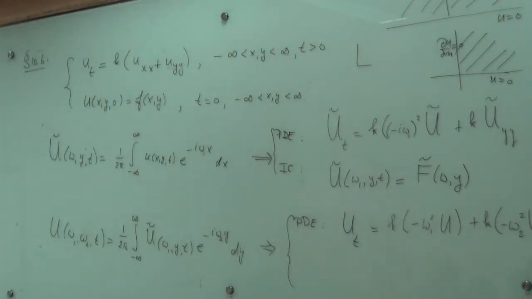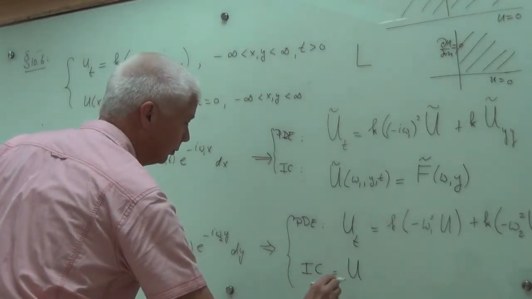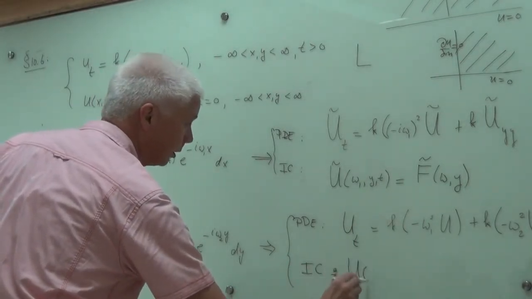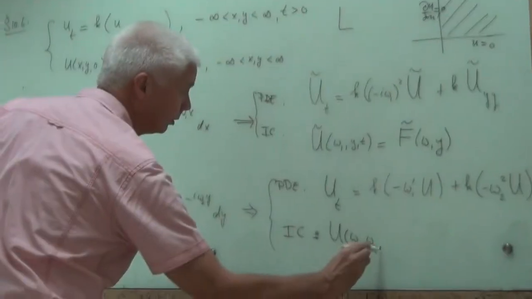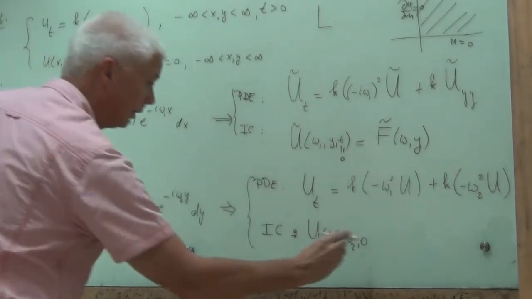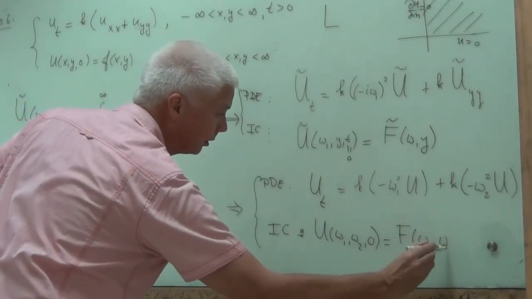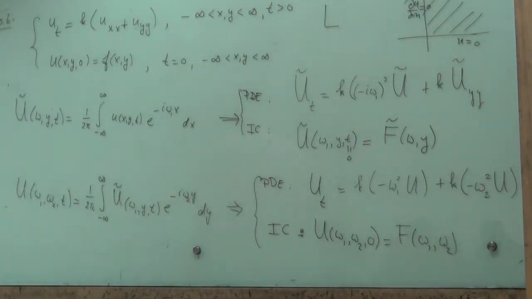You agree? And my initial condition, that's just u(omega 1, omega 2, 0), I should have put there 0, is equal to f(omega 1, omega 2). And what you do in practice, usually you do that in one step.